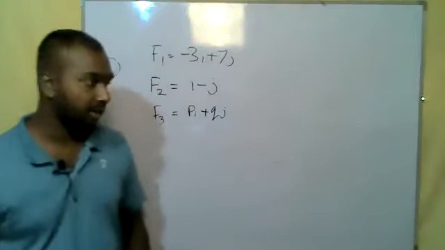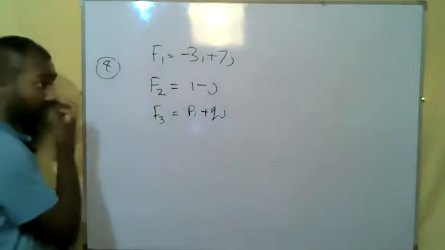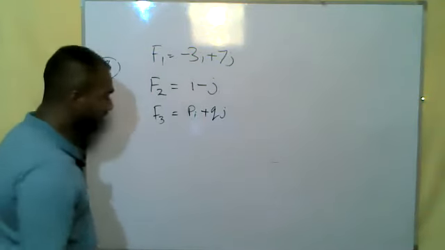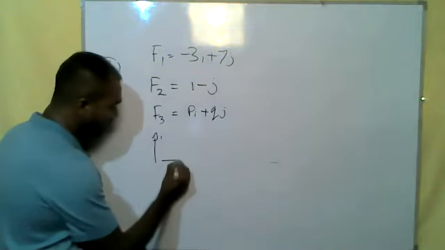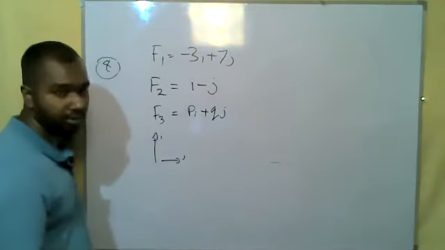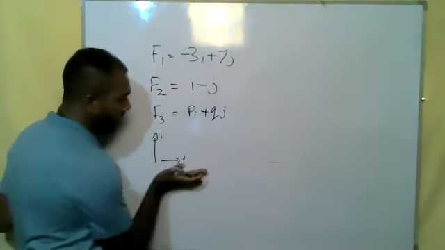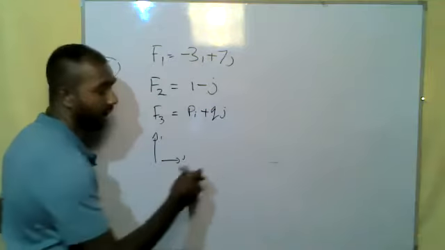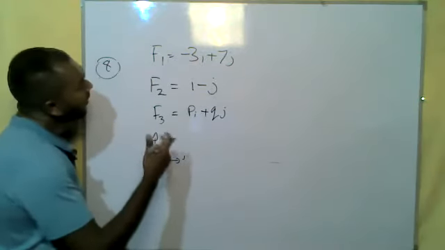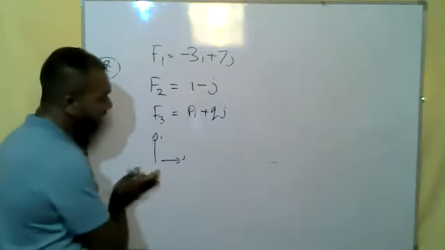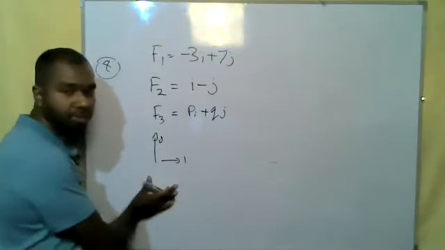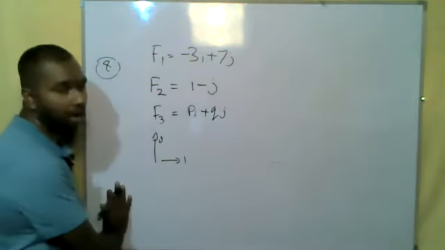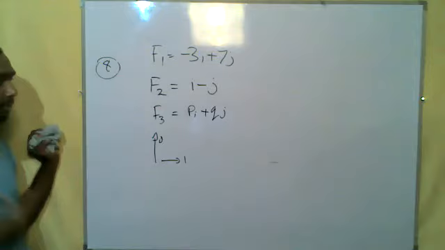So when the resultant force is 0, either in the direction of i or in the direction of j, the net sum of the forces along the i-axis and j-axis also should be equal to 0. That is the theory behind this part.